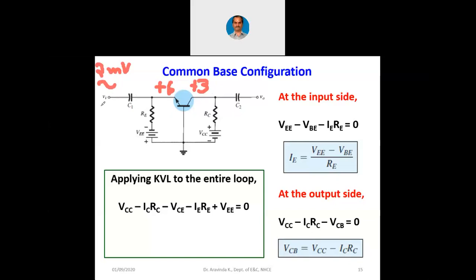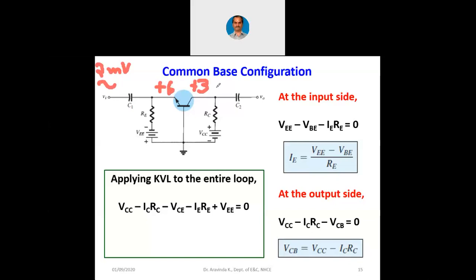When you apply a small input, this small AC is going to change only this DC itself. It is going to make a small change of 1 millivolt up and 1 millivolt down, and that is going to cause a change in the collector current, also in millivolts.